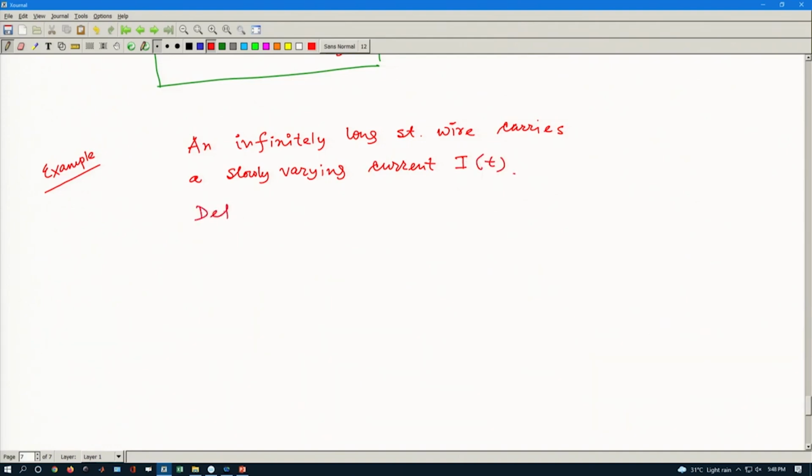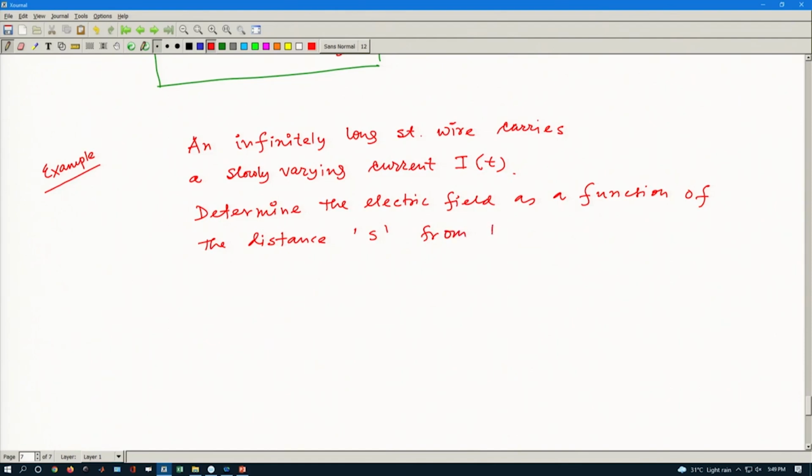The question is, determine the electric field as a function of the distance S from the wire. So, this is a very straightforward problem.